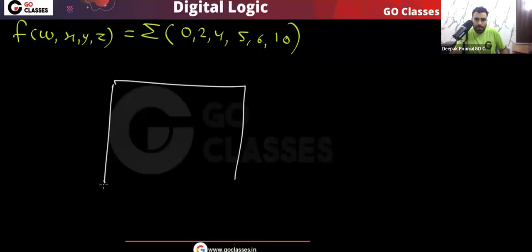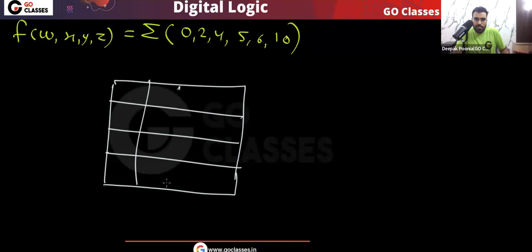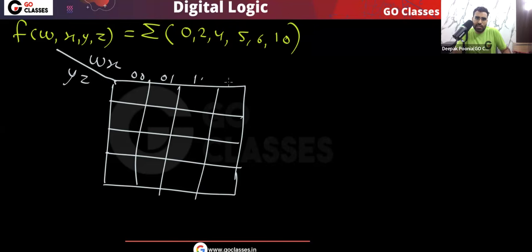So let me make it. This is the four variable K-map. Let me put the most significant two variables on the column, and the least significant two variables on the row. This is your standard K-map: 00, 01, 11, 10.